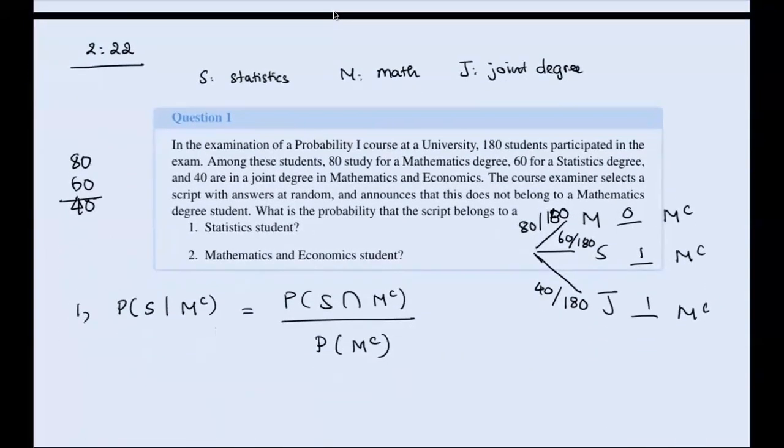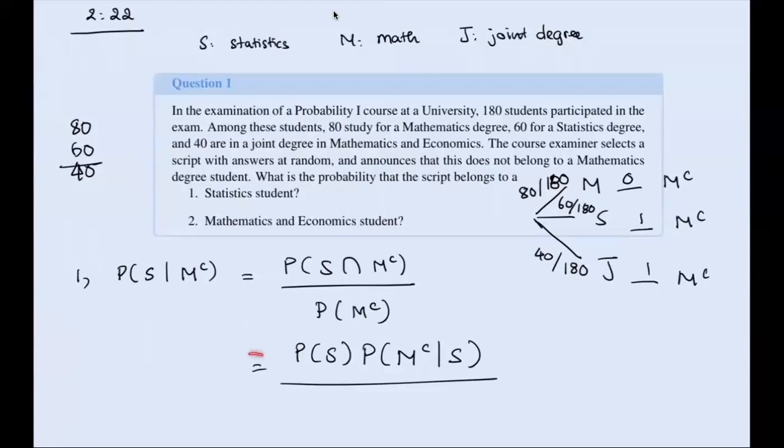So we can see here that the probability that the student is from statistics and the script belongs to a non-math student is this situation. And the probability of that is the probability that it is a statistics student multiplied with the probability that the script belongs to non-math given statistics.